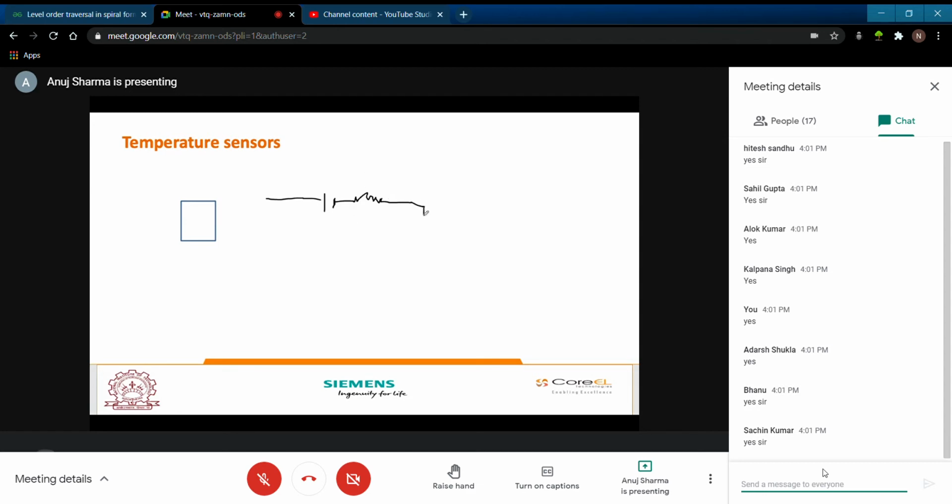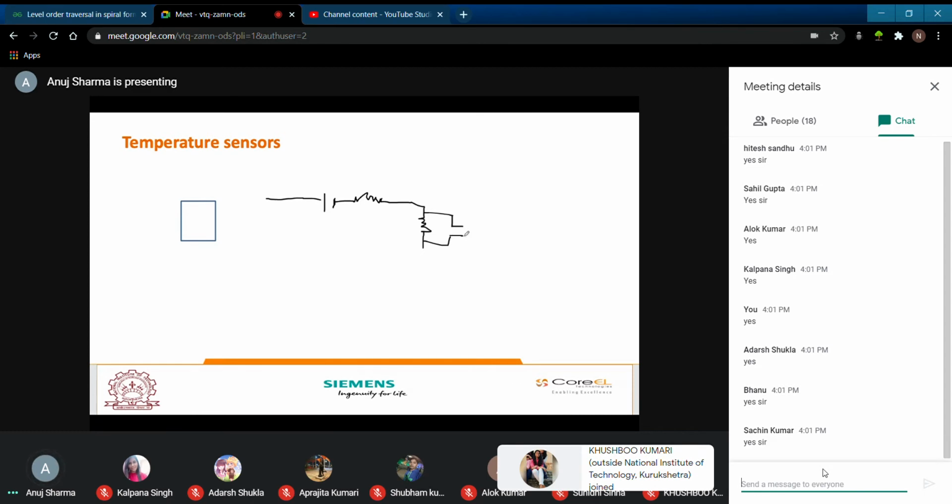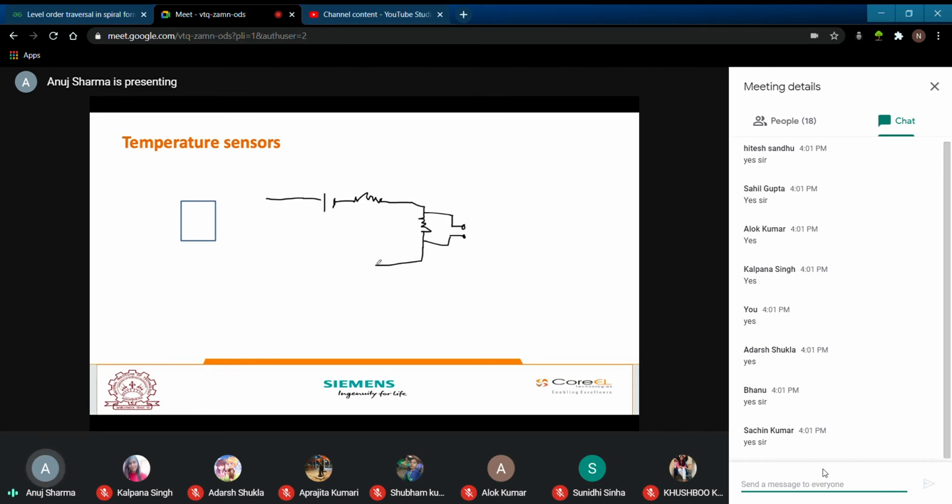Then you will have a resistance for your receiver, from which you can get the output of your current, and you can get the display, or you can get control through this value. Your loop is going to work like this, and this is your transmitter.